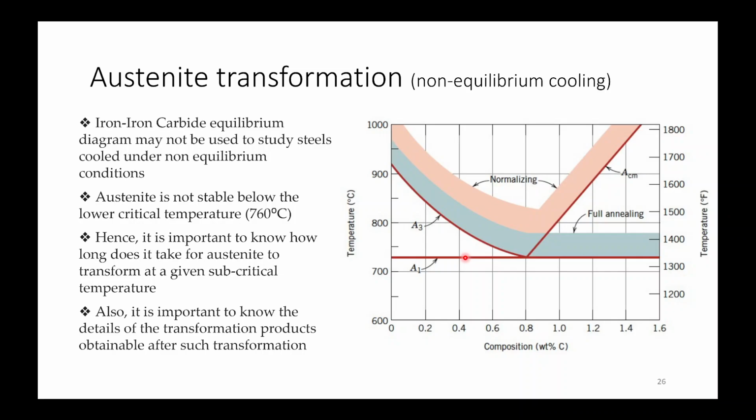In perlite you are taking 2, and then one more, proeutectoid ferrite, is there.